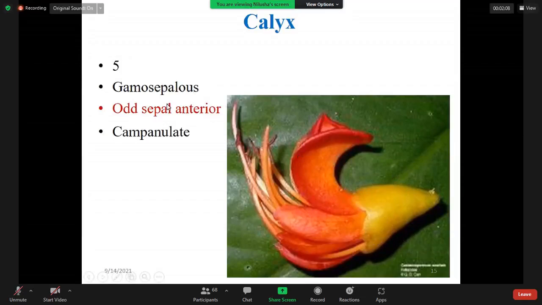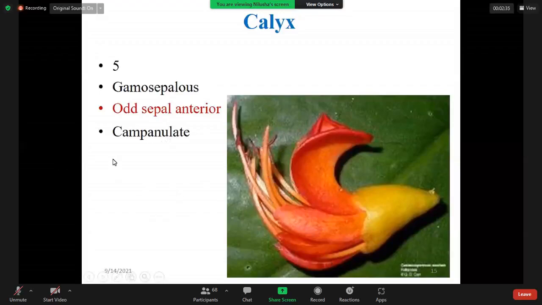We call it gamosepalous because in this flower you can see 5 sepals, and these sepals are fused.